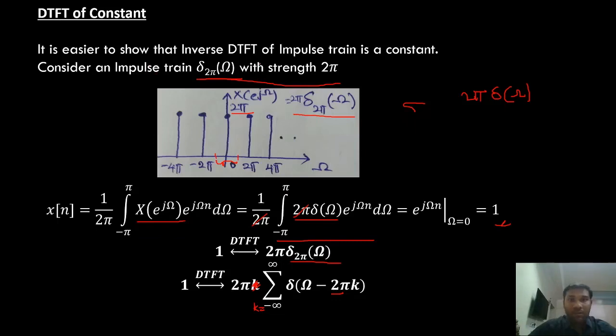The reason why we are taking the impulse train and proving the inverse DTFT here is, if I take a constant, defined as 1, the condition for existence of the DTFT, that is the summation from n equals minus infinity to infinity of the magnitude of x of n, is going to be infinite.